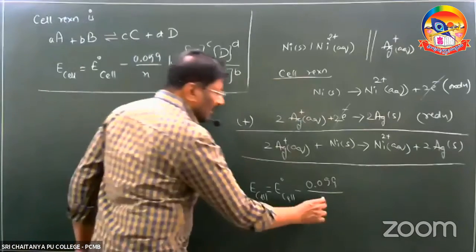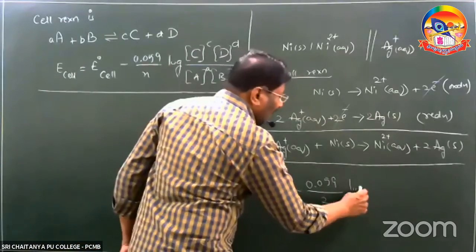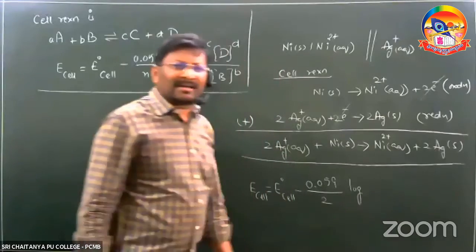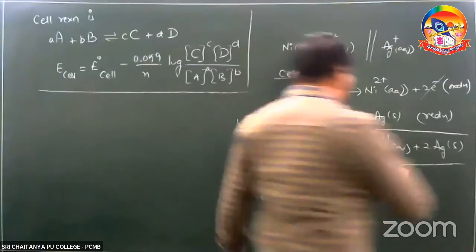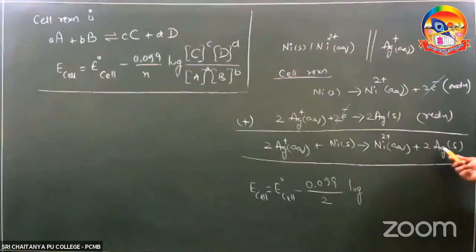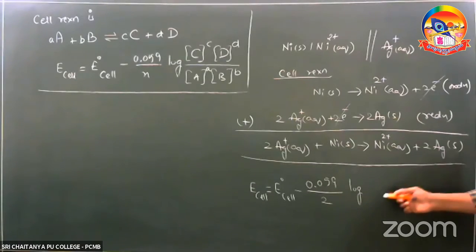So n value is 2. Then log products by reactants. What are the products here? Ni2 plus and Ag. Ag is solid, so it does not involve in the reaction. Its active mass is 1. So no need to write it here.